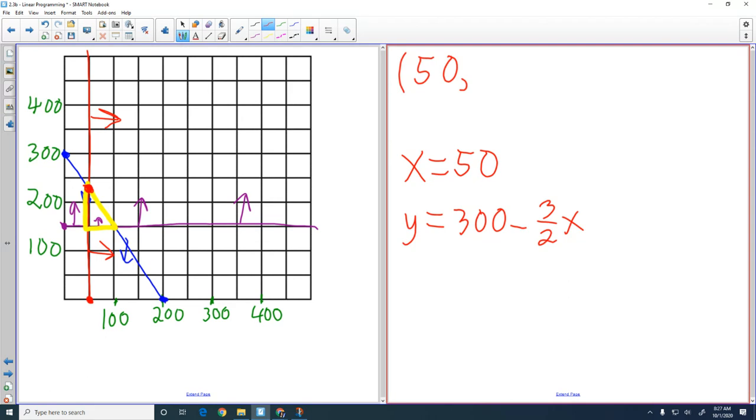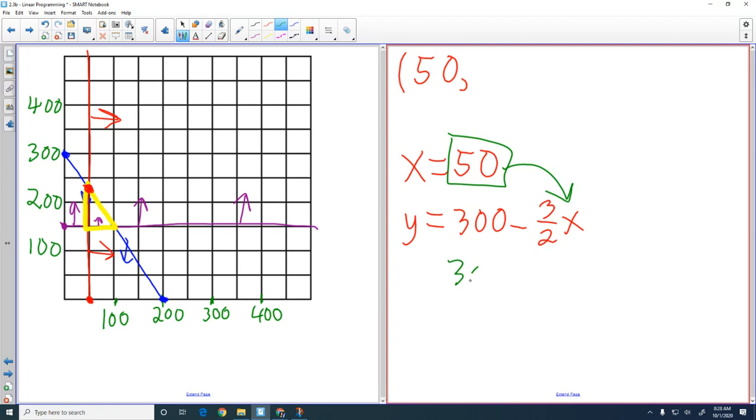So we're solving this system of equations. And again, it's super easy when it's just an x equals or a y equals, because all you do is plug that number into that second equation and you're going to get your y. So just take this 50 and plug it in right there for x.